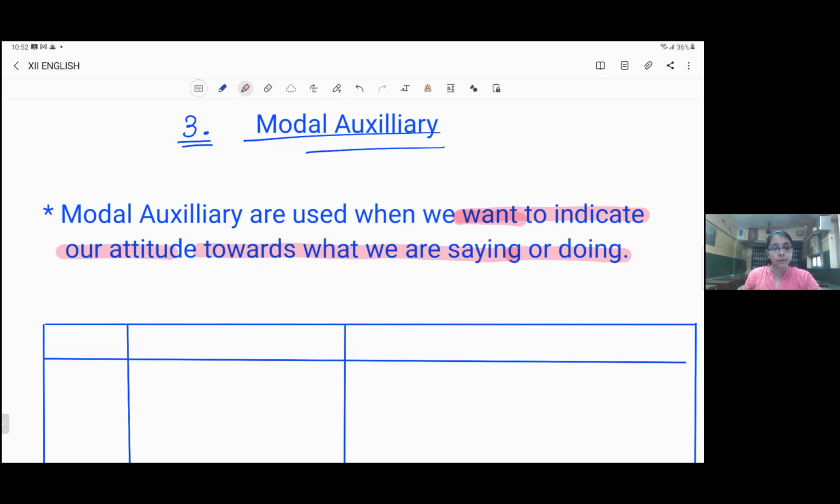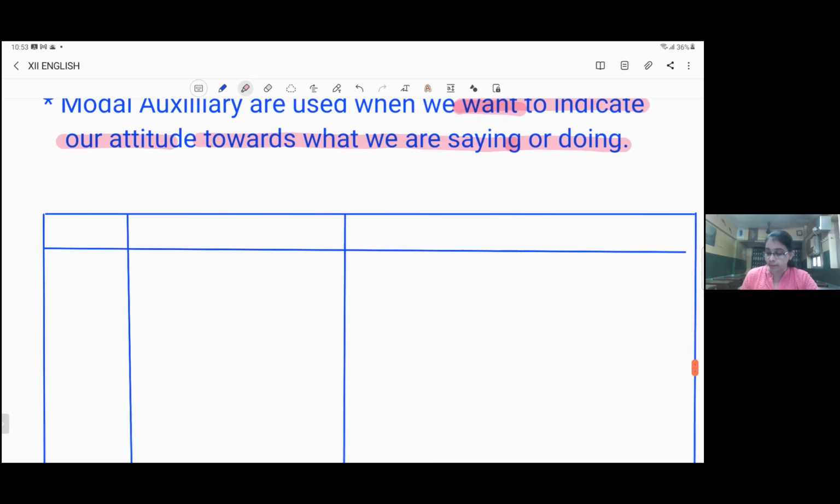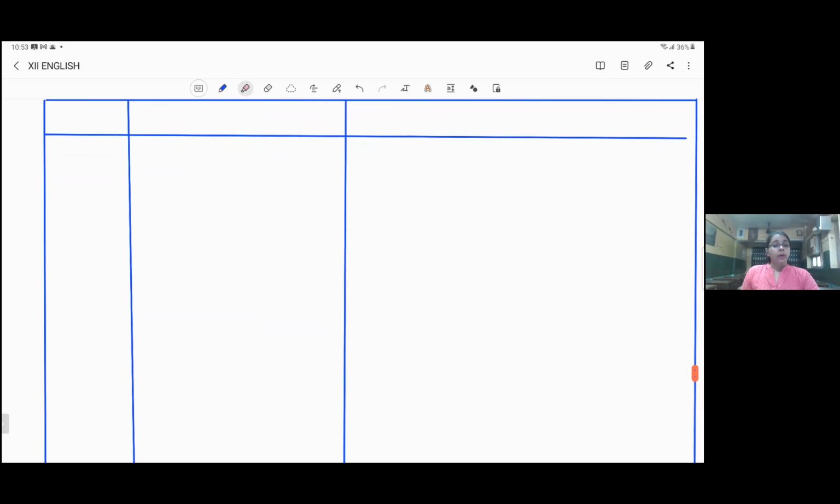We'll do these things, but first you all are giving the heading in your notebook. Topic 3, modal auxiliary. Write these 2 sentences that I have written and draw one table of 12 to 13 lines.